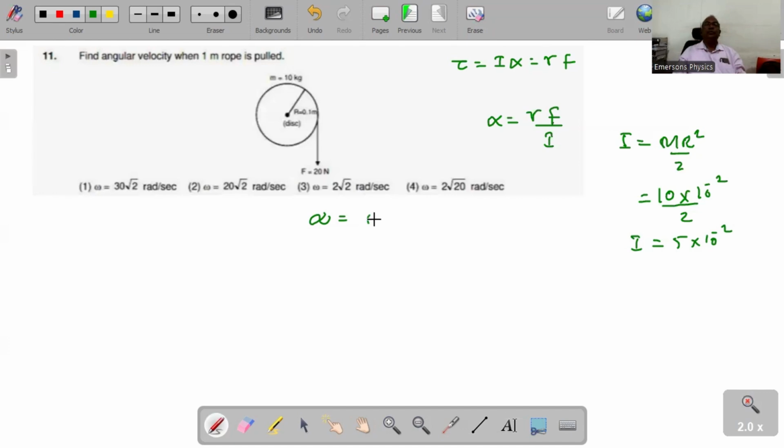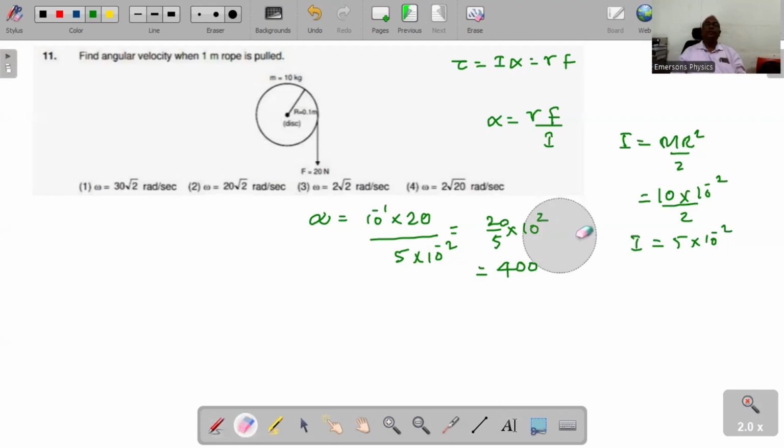R is nothing but 10 to the power of minus 1, into force 20 Newton, by moment of inertia 5 into 10 to the power of minus 2. Calculating this value, alpha is 20 by 5, which is 4, into 10 to the power of minus 1 divided by 10 to the power of minus 2.